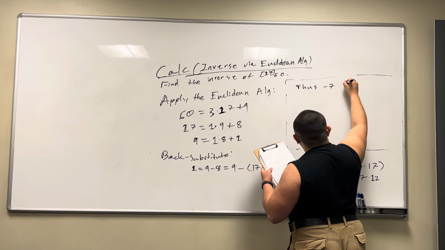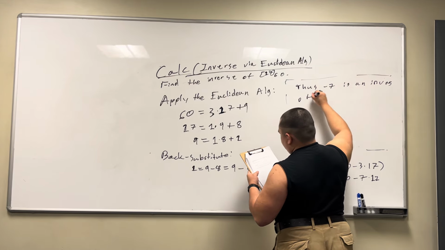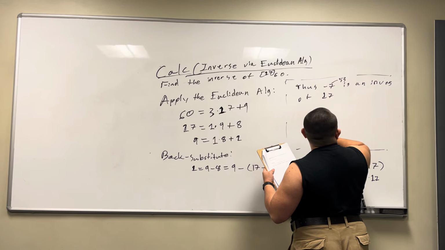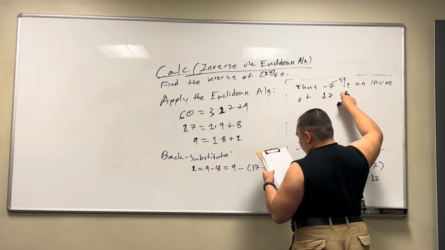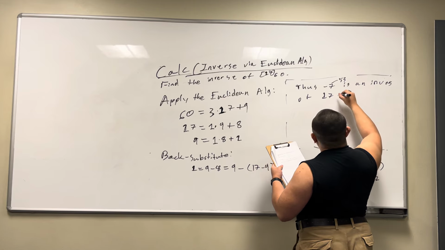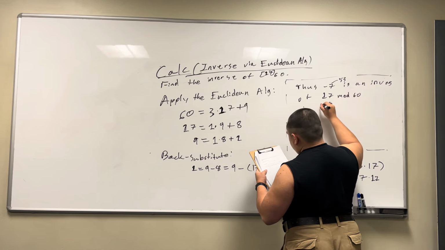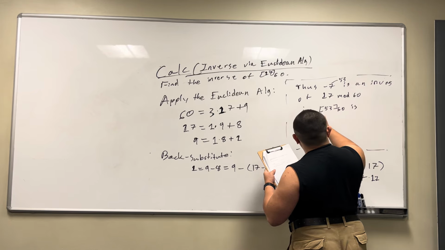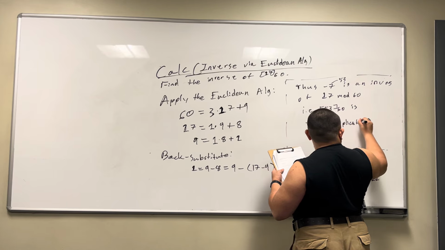Thus, negative 7 is an inverse of 17, negative 7, which of course is 53. So 53 mod 60 is the multiplicative inverse of 17 mod 60.